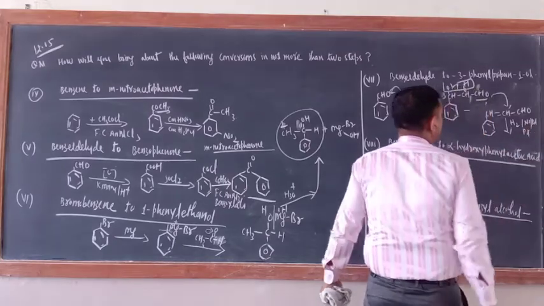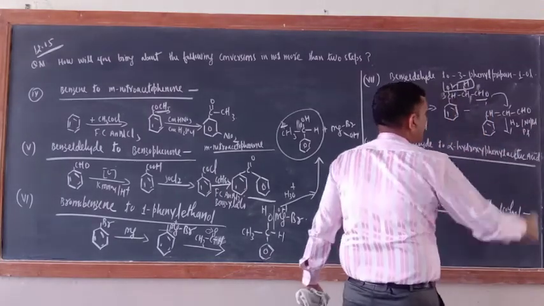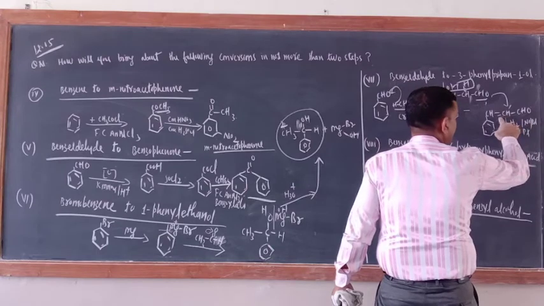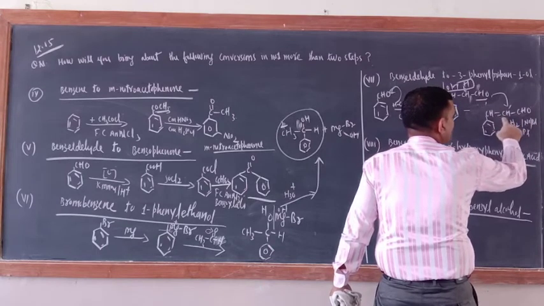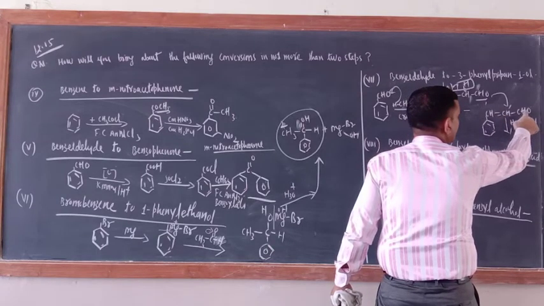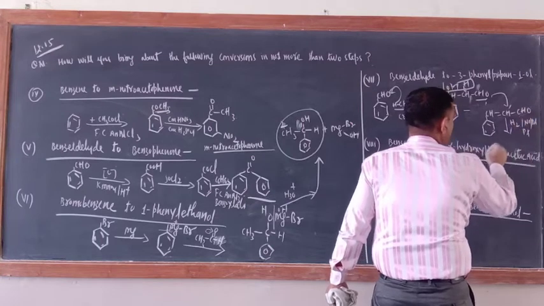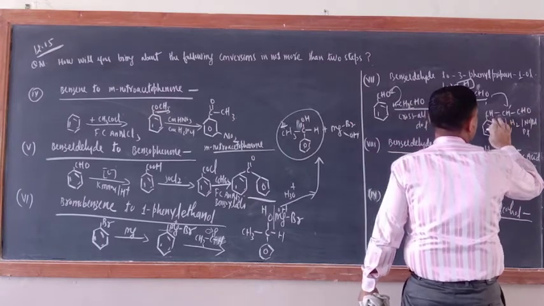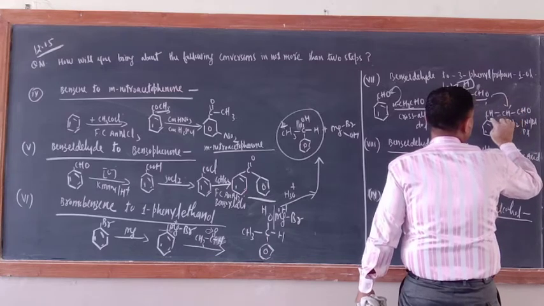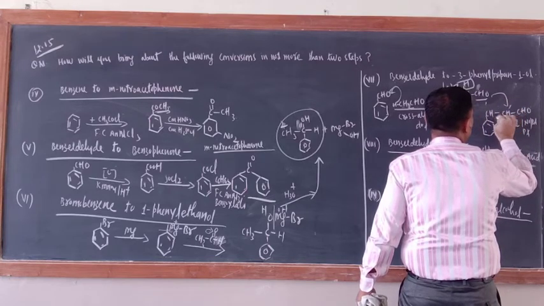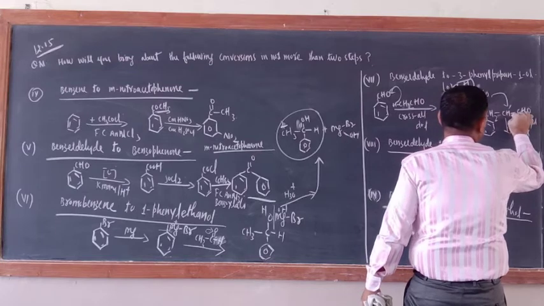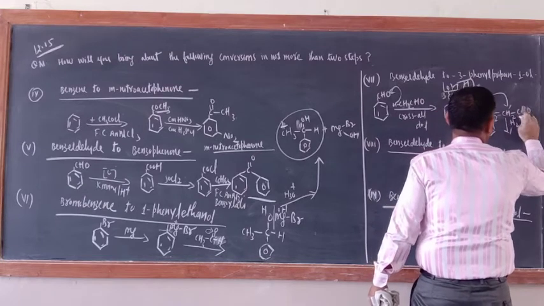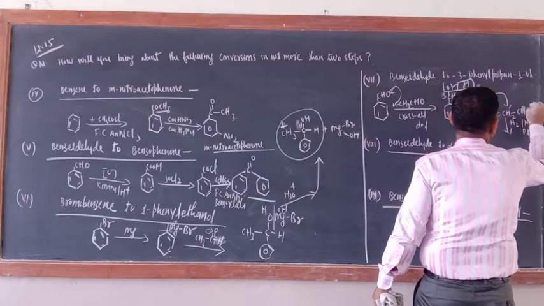Okay. So just see, 3-phenyl. Now they will hydrogenate the double bond also, and this CHO group also. So the product would be here CH, 1, 2, 3, CH2, here also CH2, and here CH2OH.